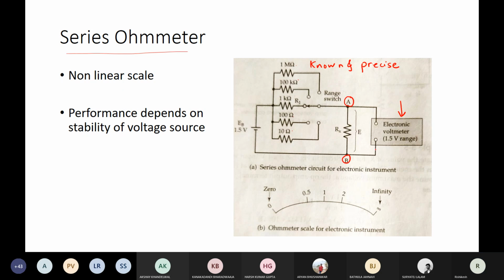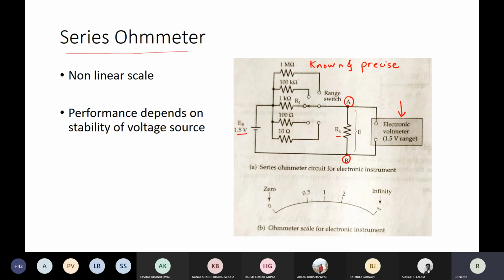At these two terminals, you connect the unknown resistance Rx, which gets connected in series with one of the known resistances based on the switch position, and a constant supply of 1.5 volts.